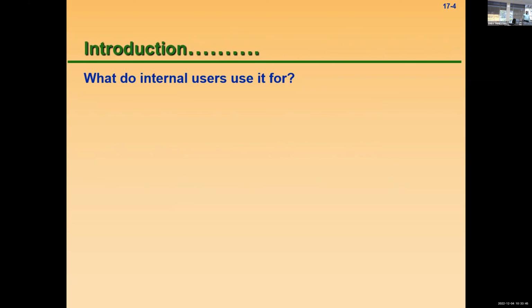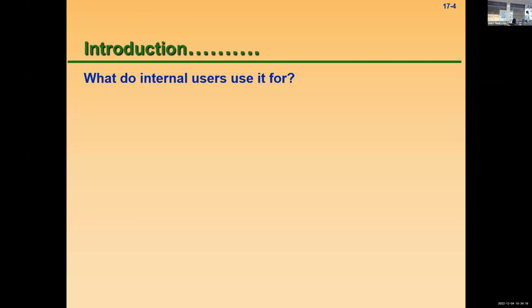Okay. What do internal users use it for? You told so many categories: investors, general public, government agencies, R&D department, management. All of them can be grouped into 2 categories: internal users and external users. Now, my question is, for what purpose will the internal users look into the accounting information?